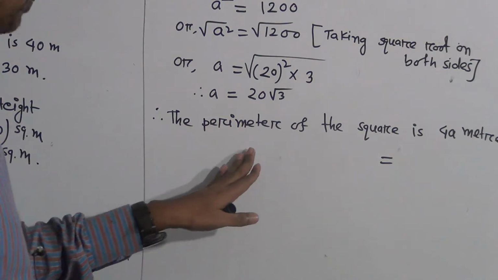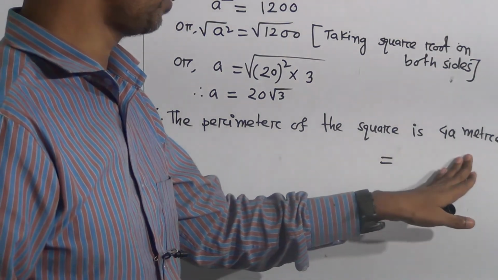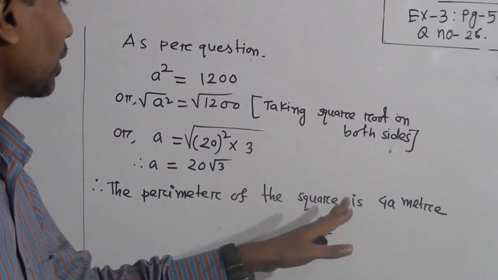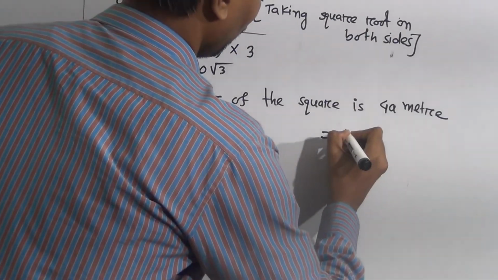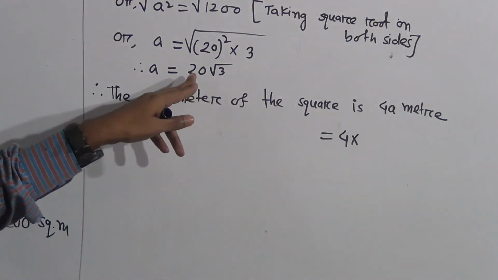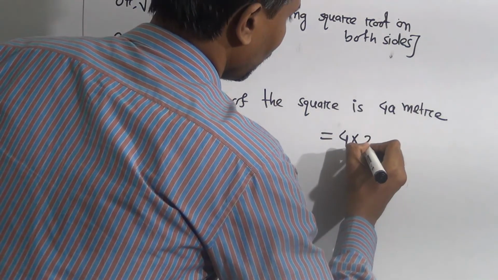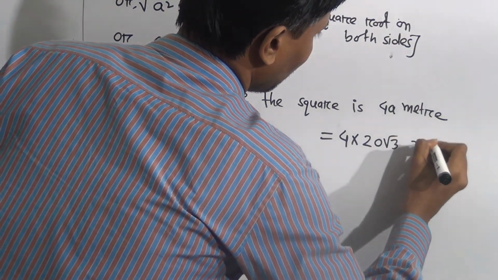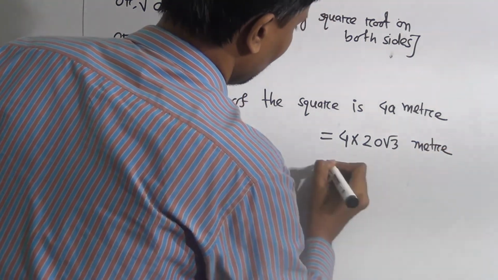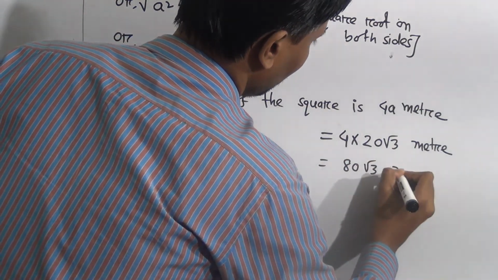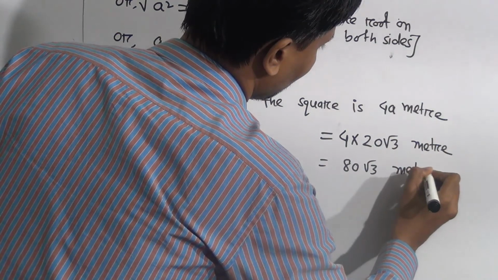This is the formula. If one side is a, then the perimeter of the square is 4a. Now 4 into a, a equal to what? a equal to 20 root 3. Multiply, 80 root 3 meter.